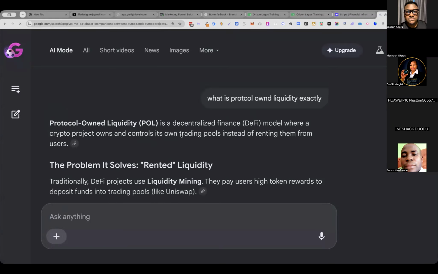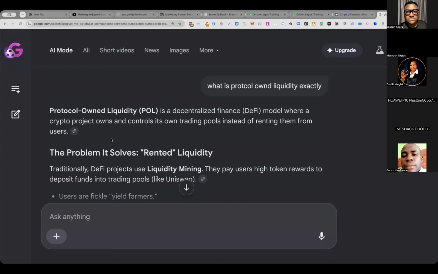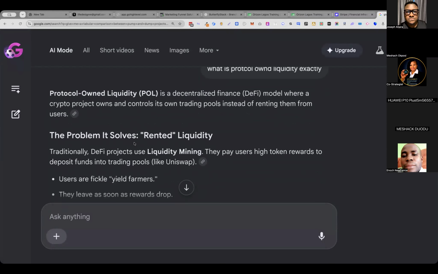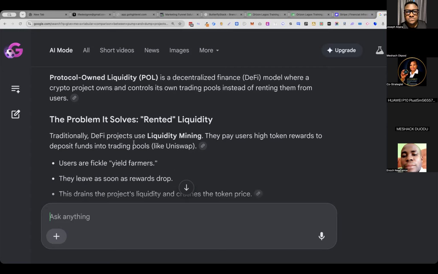Look at it. It's a decentralized finance model where a crypto project owns and controls its trading pools instead of renting from users. It solves the problem of rented liquidity. Traditional decentralized finance projects use liquidity mining.